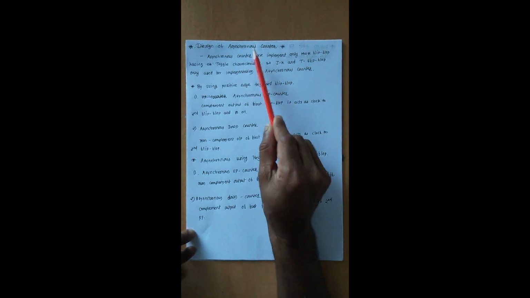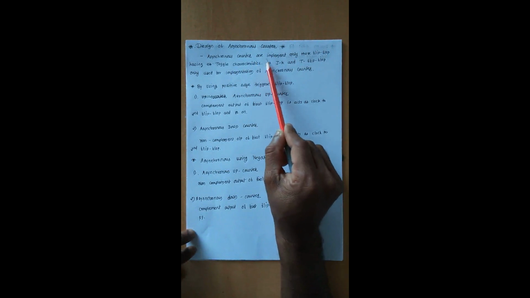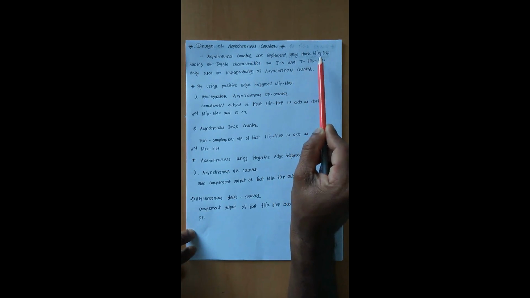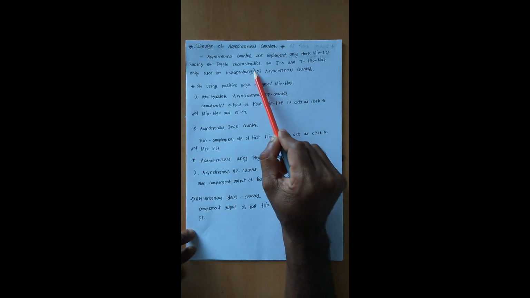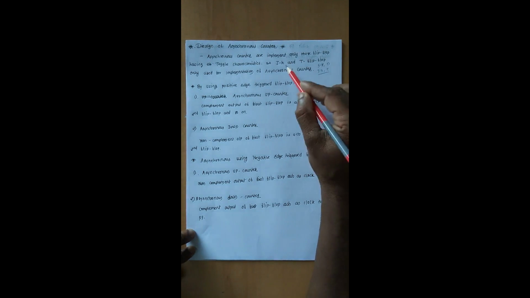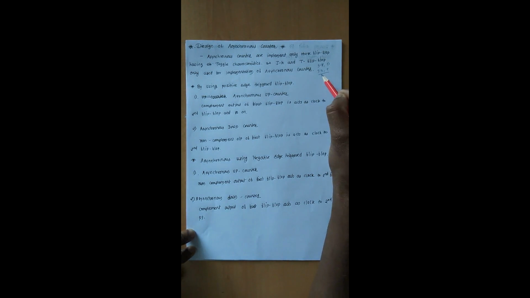For the implementation of asynchronous counters, we only use those flip-flops having toggling characteristics. As per our knowledge, we studied SR, JK, T and D flip-flops. Apart from those, JK and T flip-flops are the two flip-flops having toggling conditions. That's why only these two flip-flops are used for the implementation of asynchronous counters.